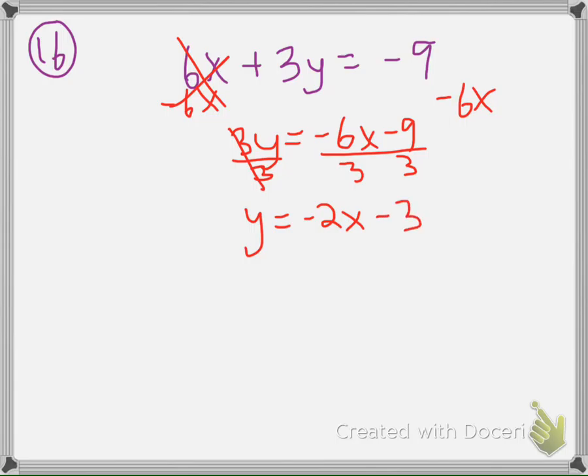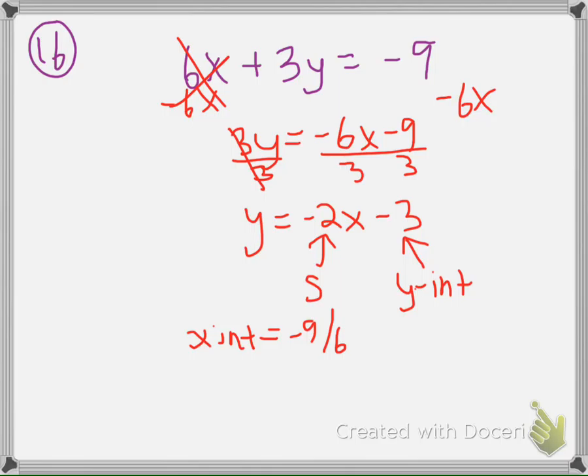So there's my equation. My slope is negative 2. My y-intercept is negative 3. And my x-intercept would be c divided by a, which is negative 9 divided by 6, which gets me negative 1.5. Okay, so I have my equation, slope, y-intercept, and x-intercept.